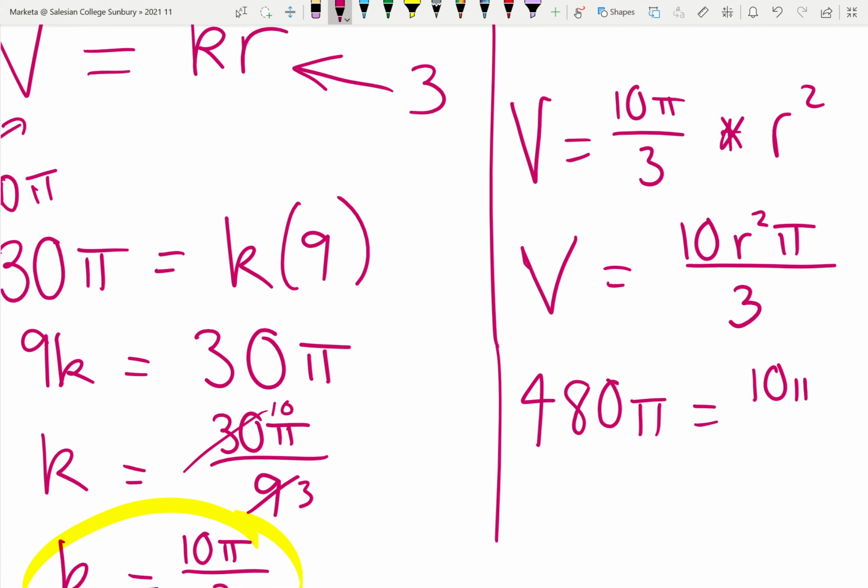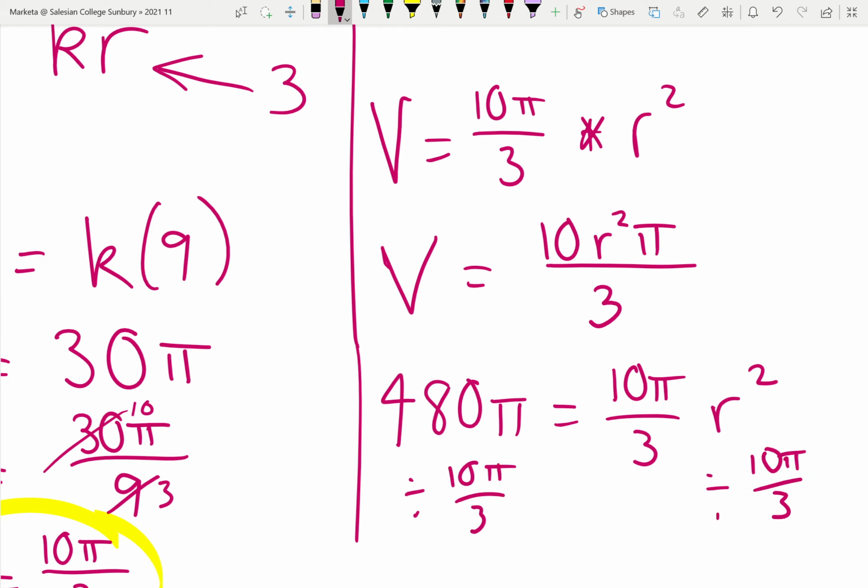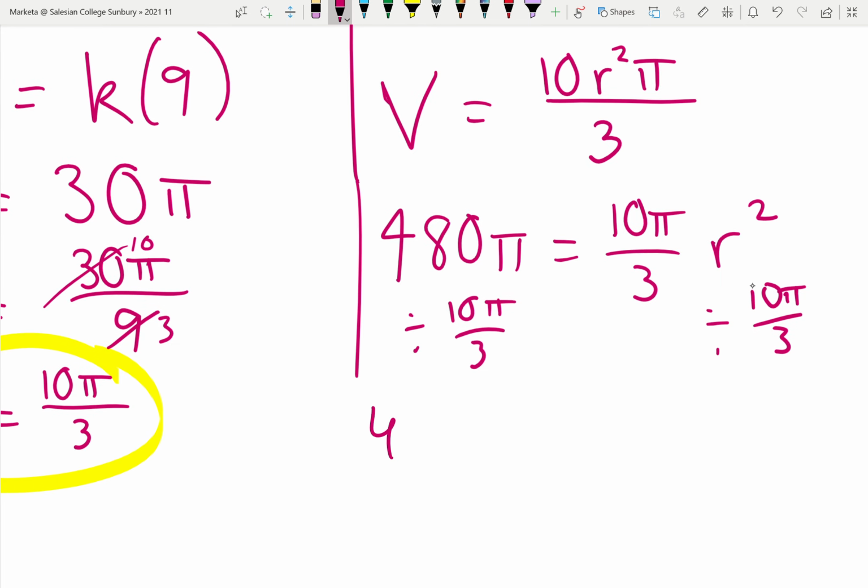I probably should have left it like this. And then now I just need to divide by 10 pi on 3. So if I divide by 10 pi on 3, that gives me 480 pi over 1. Keep, change, flip for division of fractions.